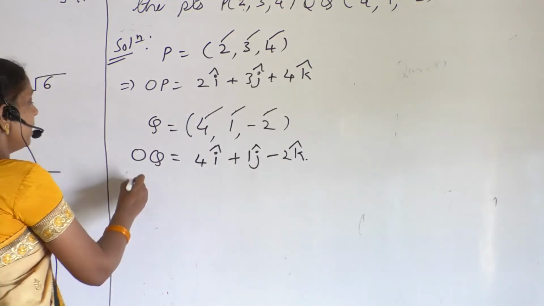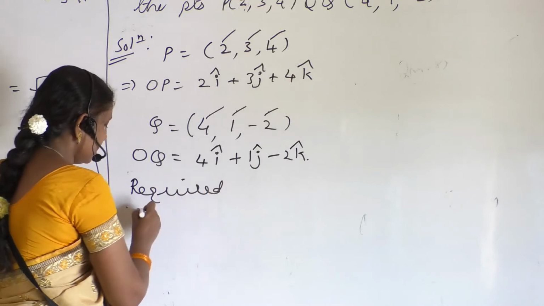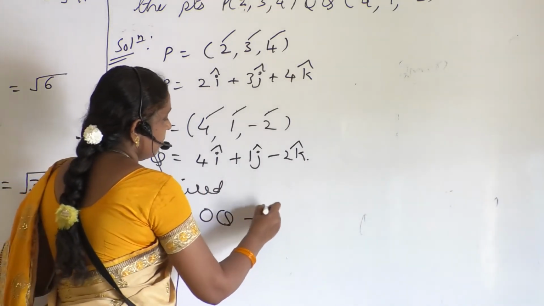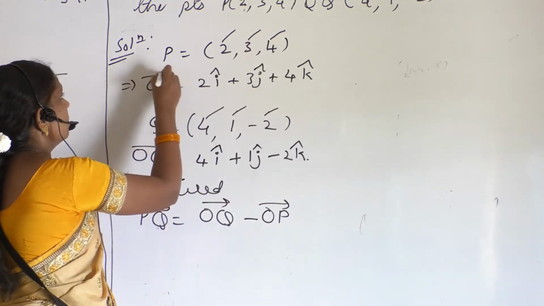Okay, what is required? The position vector of PQ, they are saying. PQ is nothing but OQ minus OP. These are all vectors, please.